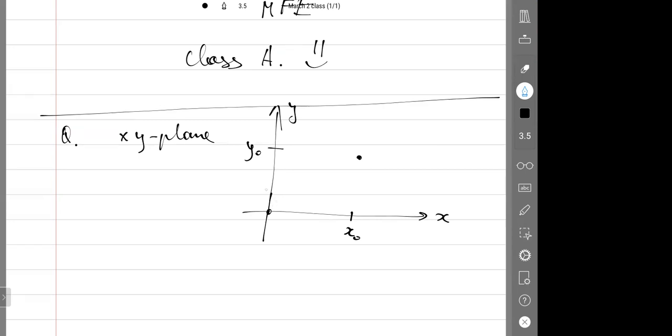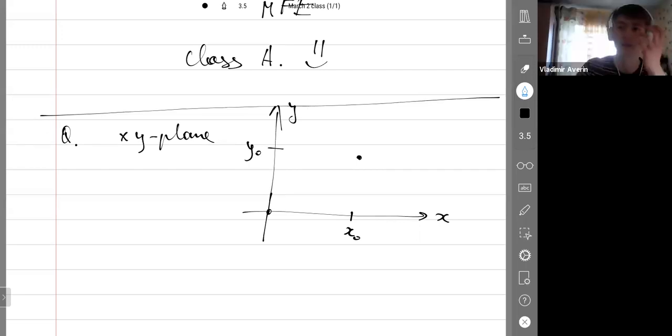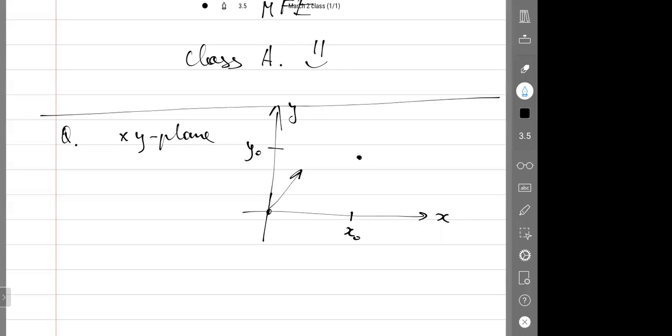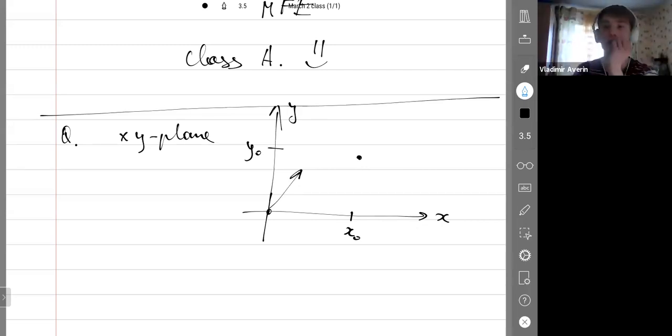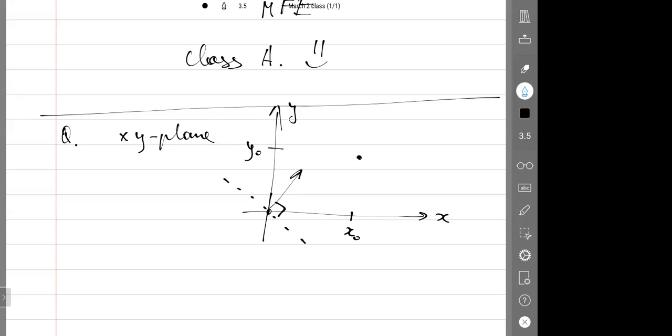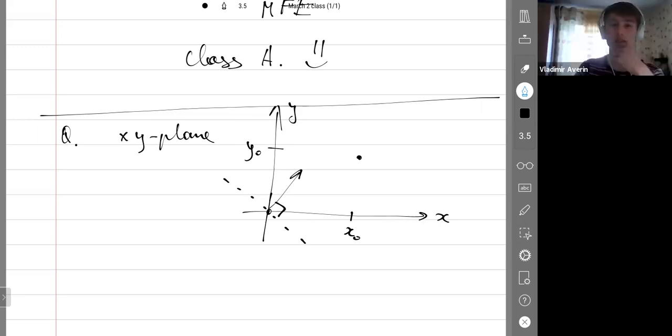Could you provide me some specific example of a function, or was it just some abstract function? Well, I think it can be any vector. And then the perpendicular line is drawn through this point, and the point 0, 0.